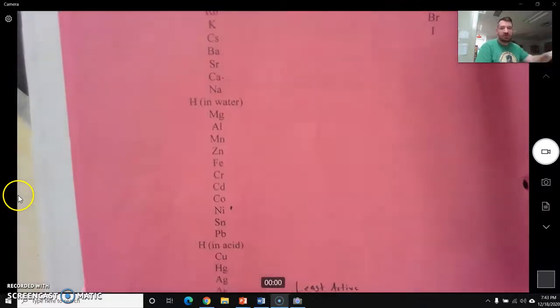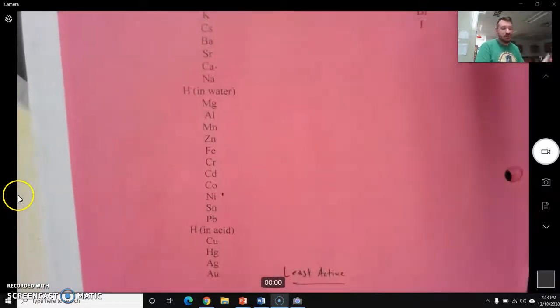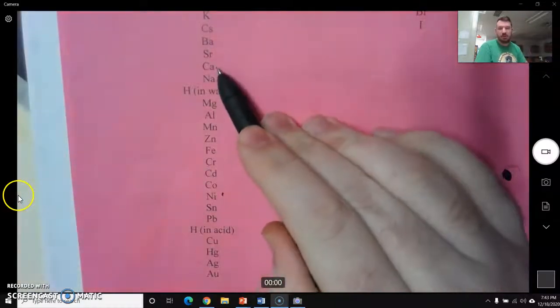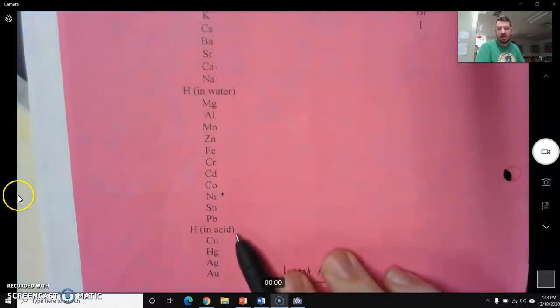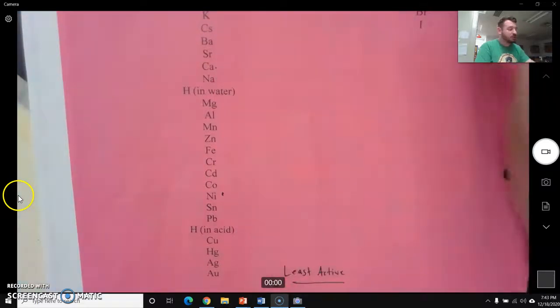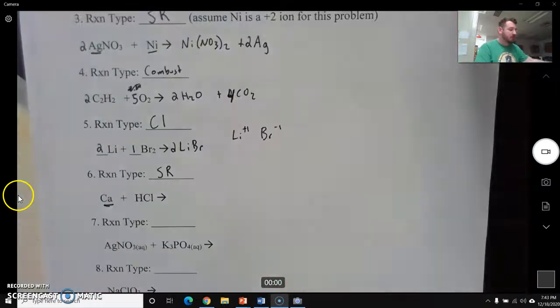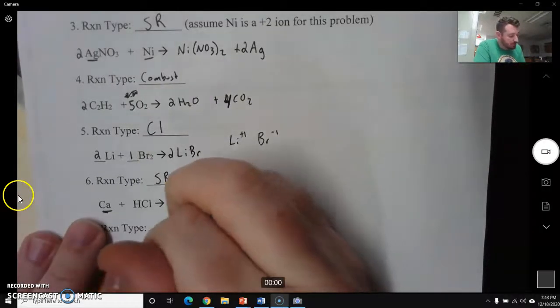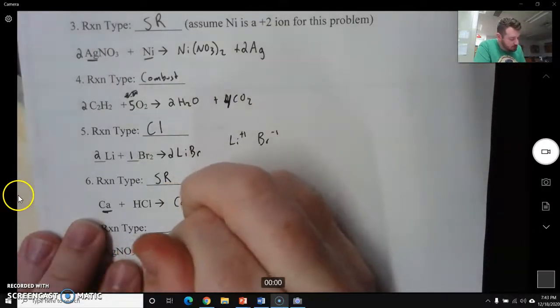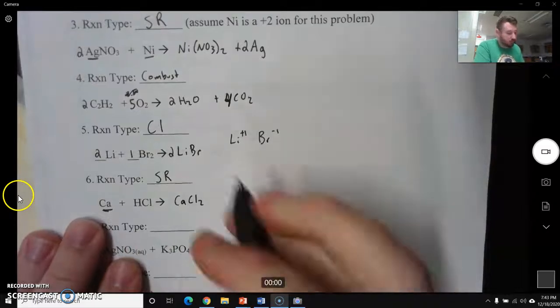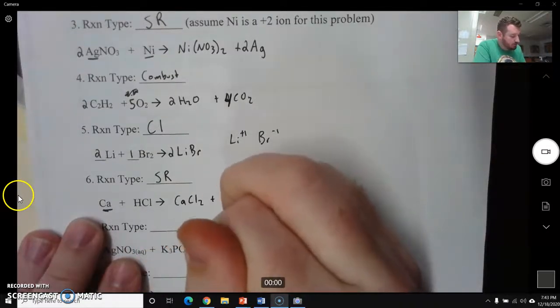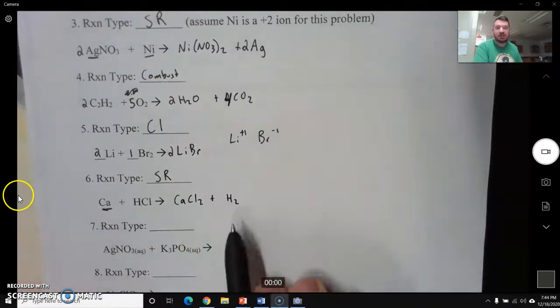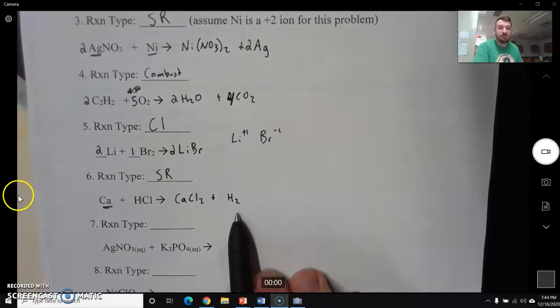So if I look on my sheet, I have calcium all the way up here and hydrogen in my acid all the way down here. So calcium is more active, and is going to end up in my compound. So I should end up with calcium chloride, CaCl2, plus hydrogen, and hydrogen is diatomic, so it needs to be H2.